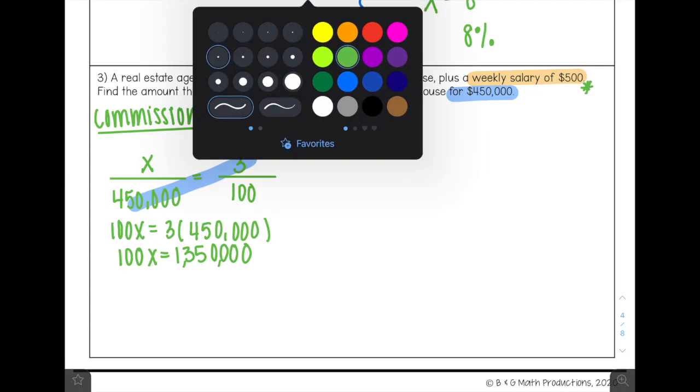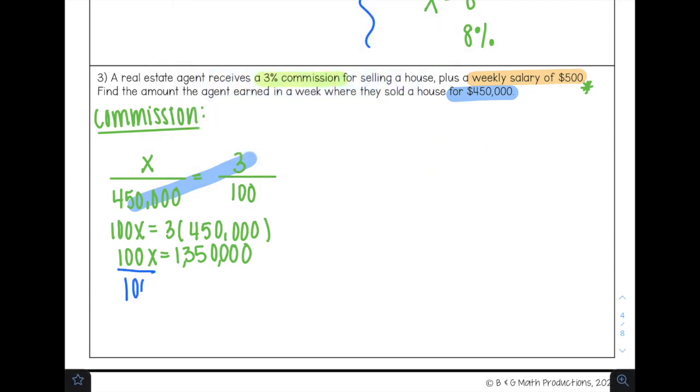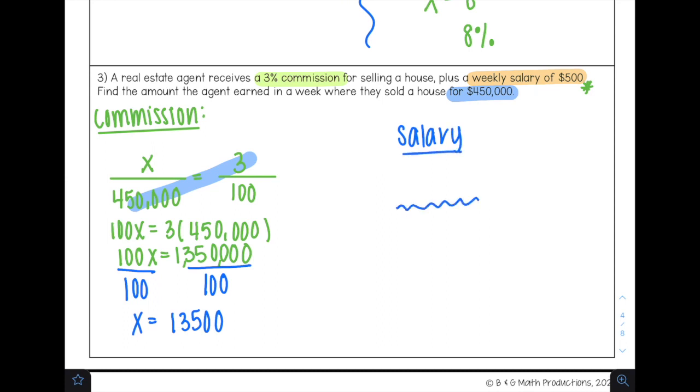That's a big number. You divide by 100, and x is going to equal 13,500. But think about it. You also have a salary, which each week is $500. So whatever the commission is, plus $500.